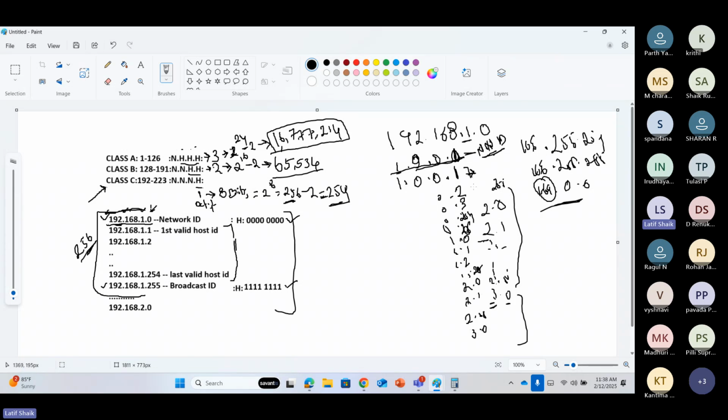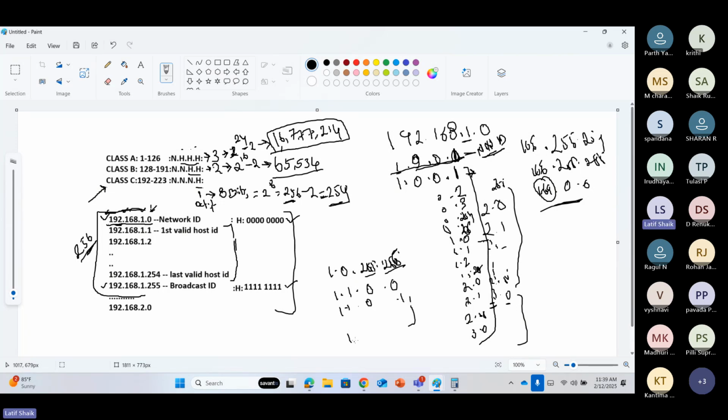All are host portions only. Reaching 1.0.255.255, then it is 1.1.0.0, then 1.1.0.1. It continues like this.